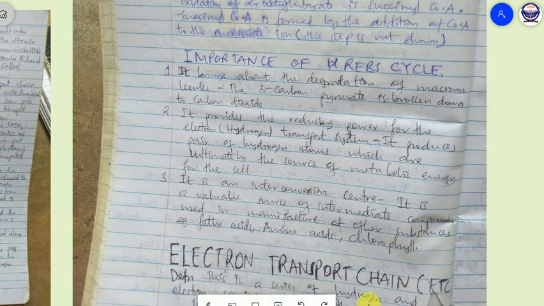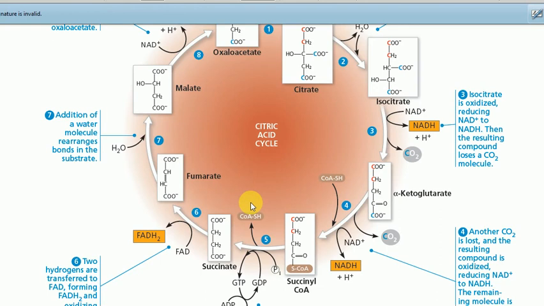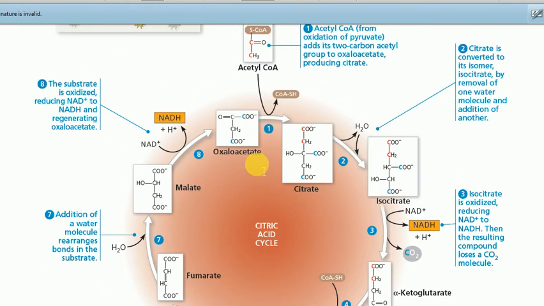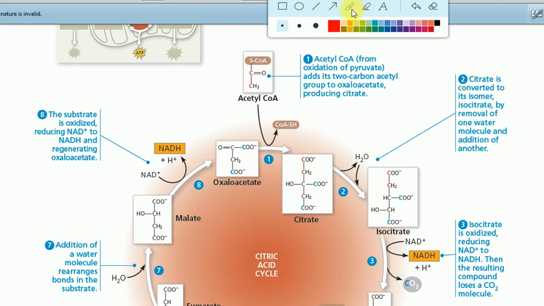So now let's move to my book. I love this book, so let's move to my book and see what happens in the Krebs cycle step by step. So in step 1, we have acetyl coenzyme A, which can be shown this way.